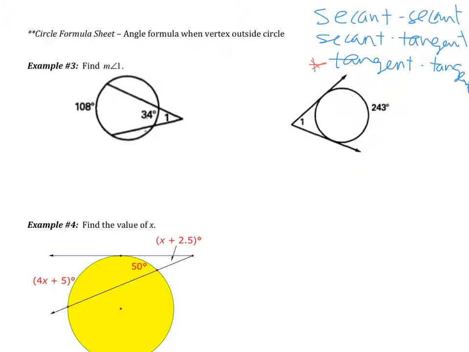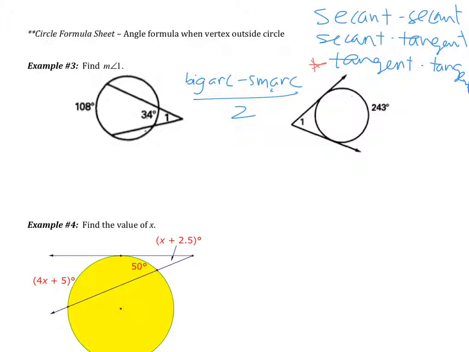All right, so for this one, using example 3 as our way of teaching it, it's always going to be the big arc minus the small arc, that's small, SM arc, divided by 2. Okay?